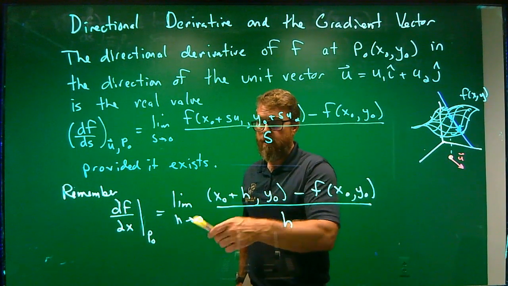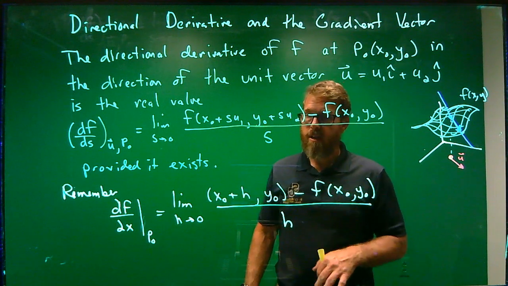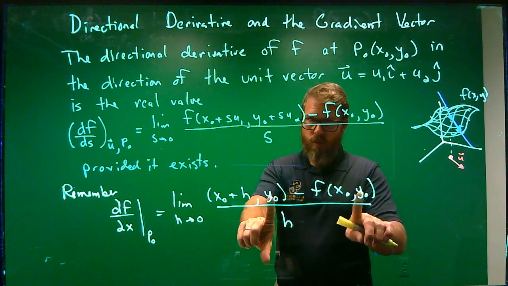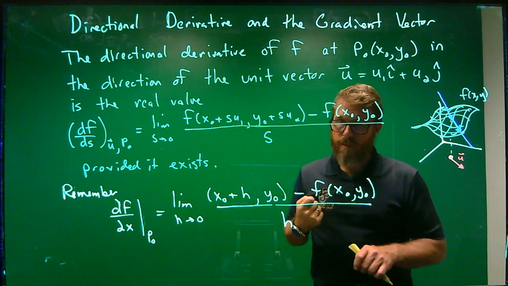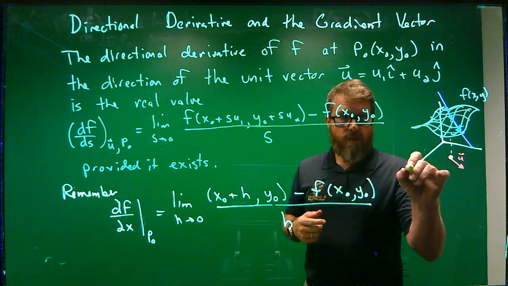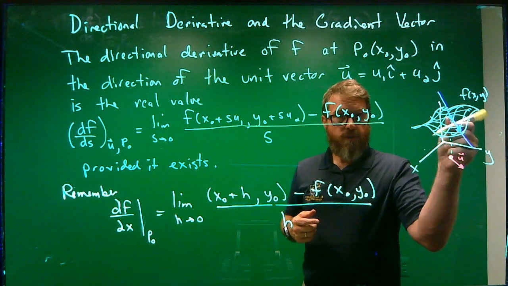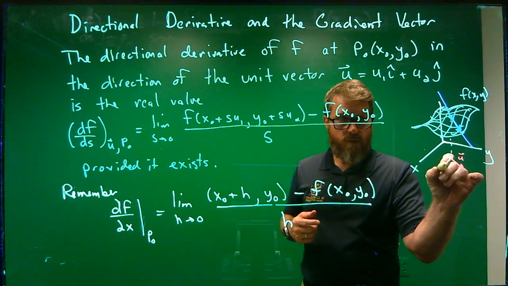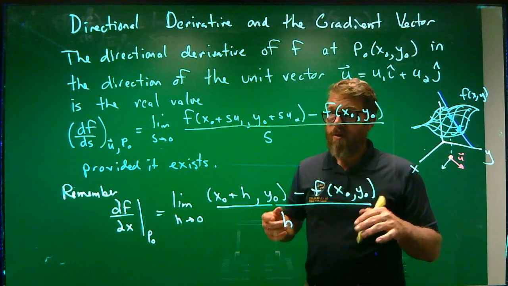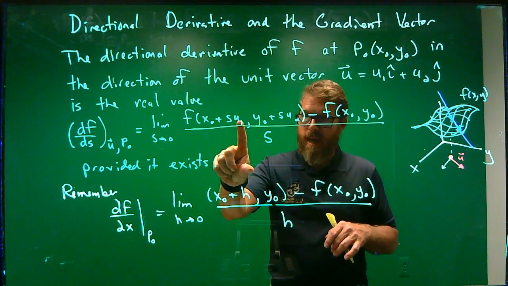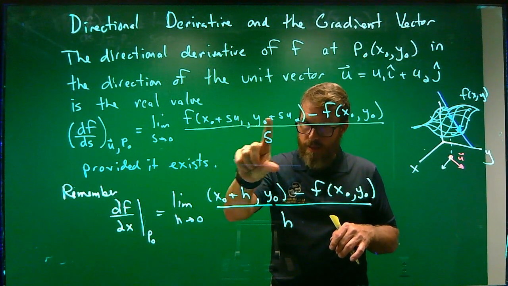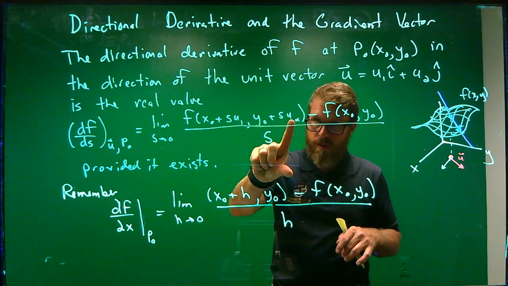This is very similar to, say, the derivative of f with respect to x. What we can tell with this is that we're holding y constant, that's not moving. I can only see that x is actually moving. So if I only want to do this in the x direction, my unit vector is just going to be h times 1, and h times 0, because we're holding this constant.